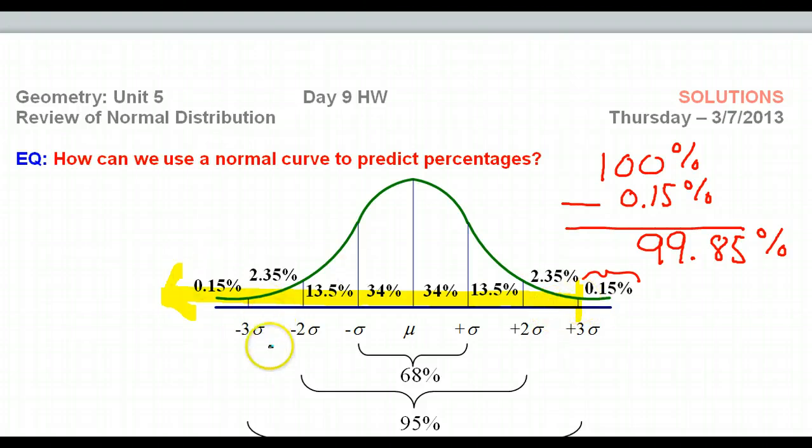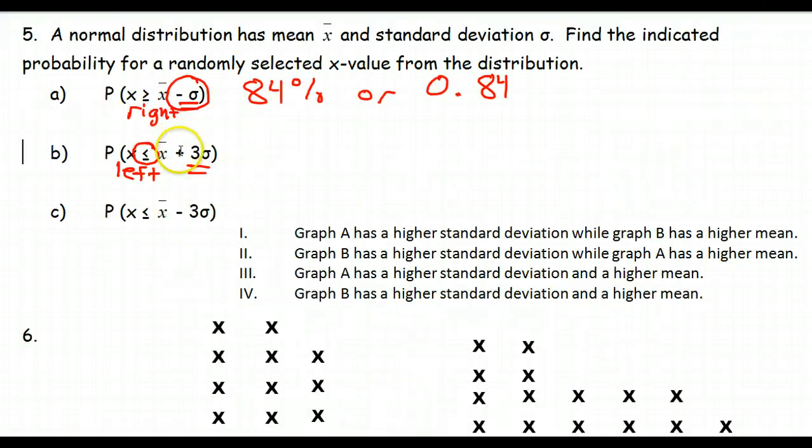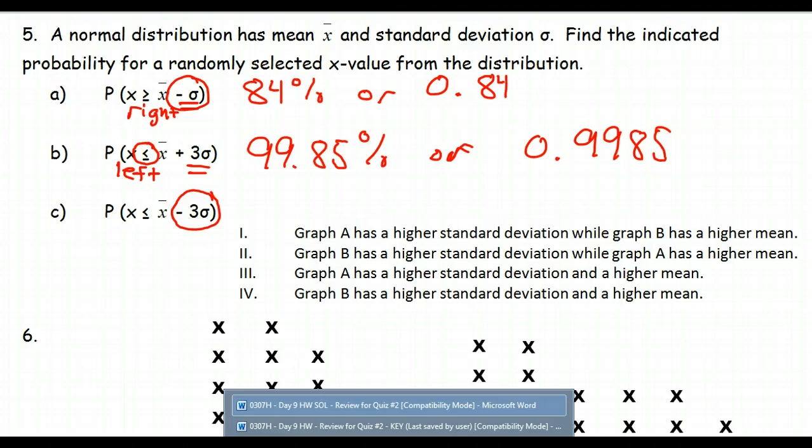That's almost 100, but not quite. So 99.85%, or as a decimal, that would be 0.9985. Don't round these. And this one, focus on the -3 standard deviations first, because that sort of tells you where to start.